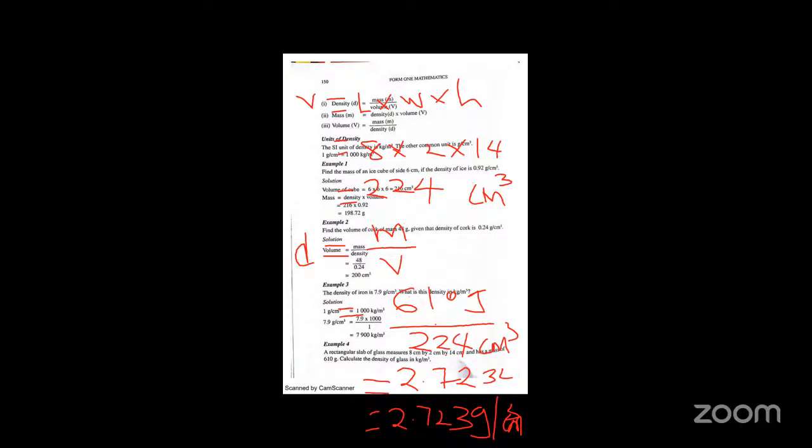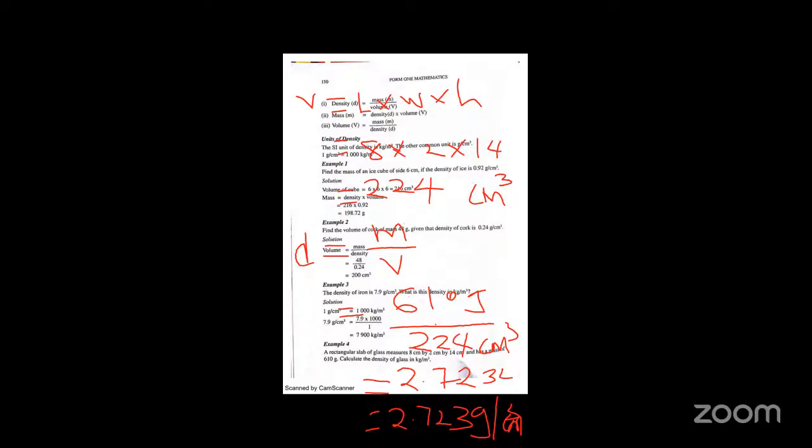So this is the question. We have been told to give the density in kilogram per meter cubic, and we didn't change, we just used centimeter cubic. Can we change it to meter cubic? That's where I'm next, whereby I say that there are 2 ways.